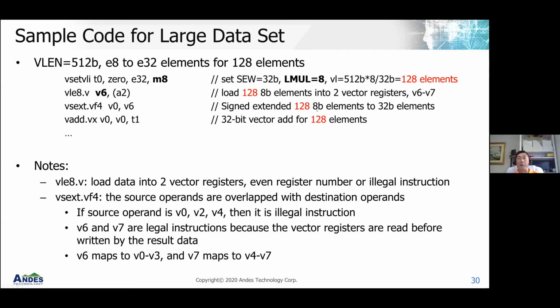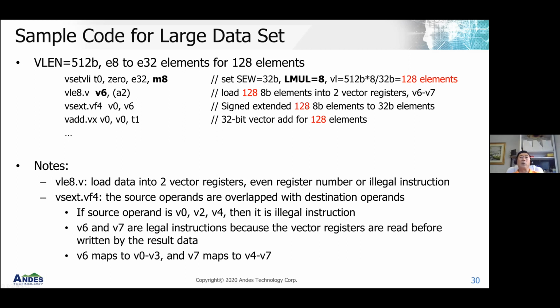again, it will size extend 128 elements to 32-bit. Note that all the operations here are on 128 elements because the vsetvli here is set for 128 elements. And note here that because you use 2 vector registers, then an even register number has to be used. So if this instruction uses V5 or V7, then it will be an illegal instruction.